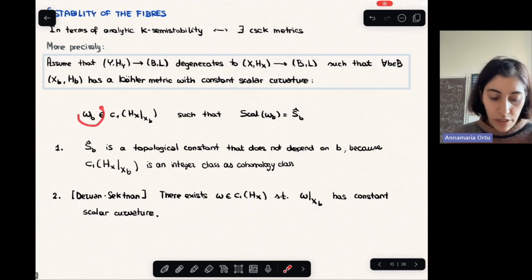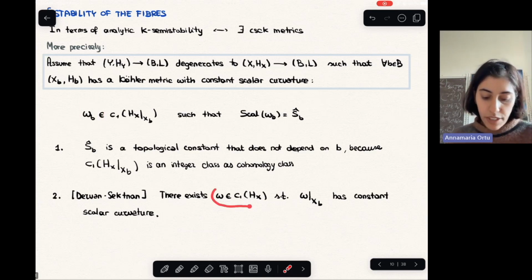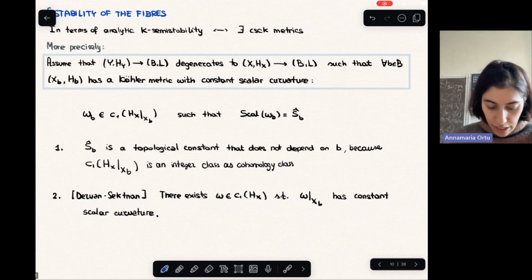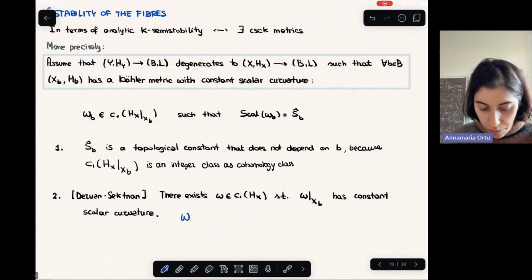So from each of these ω_b we can actually have a global ω that's relatively Kähler. I will say that ω is a relatively Kähler metric.